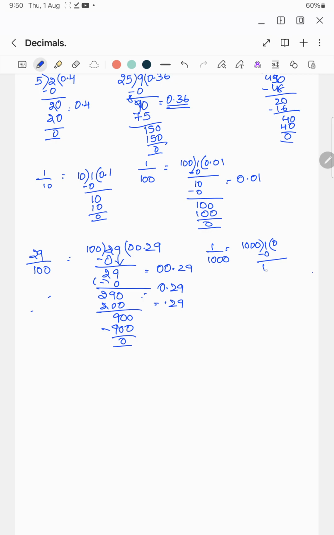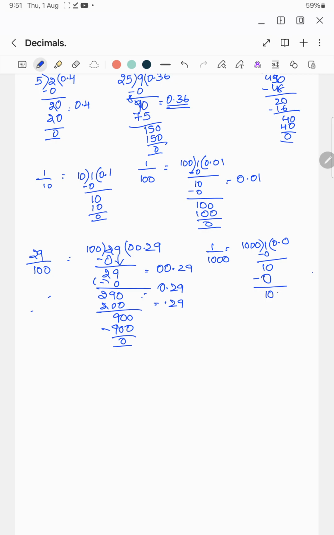This will be the final remainder. In the final remainder, we have to find the decimal. So we keep a point here and we add a 0. So check for the multiple of 1000 which is equal to 10. There is no multiple which is less than or equal to 10. So we multiply 1000 with 0 and we get 0 here. So 10 minus 0 is again 10.